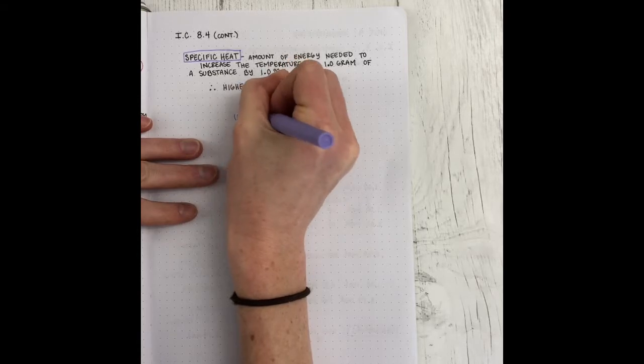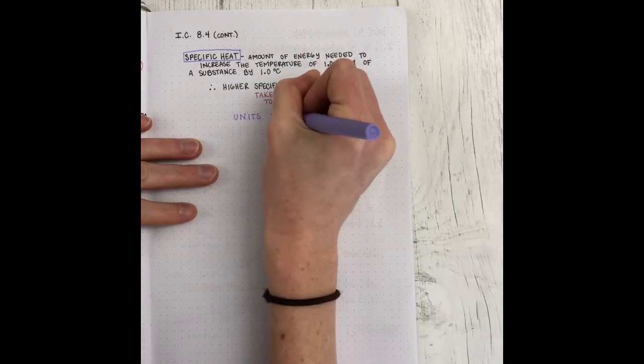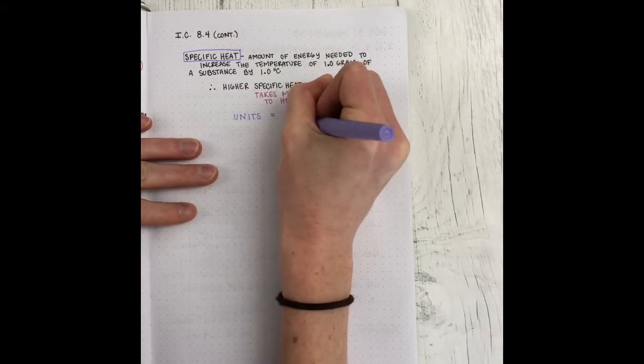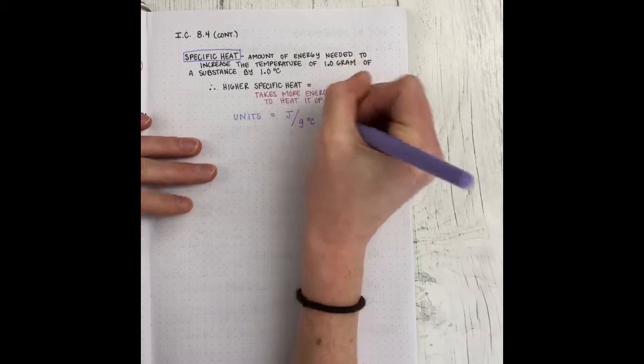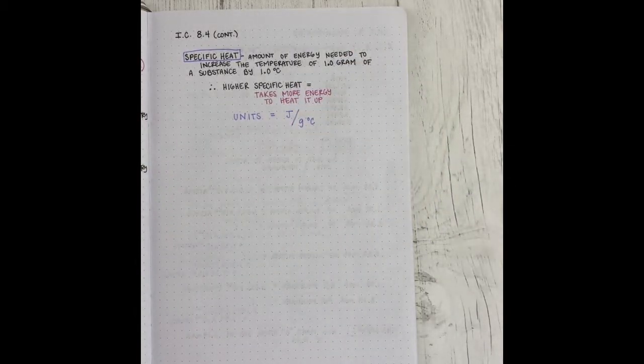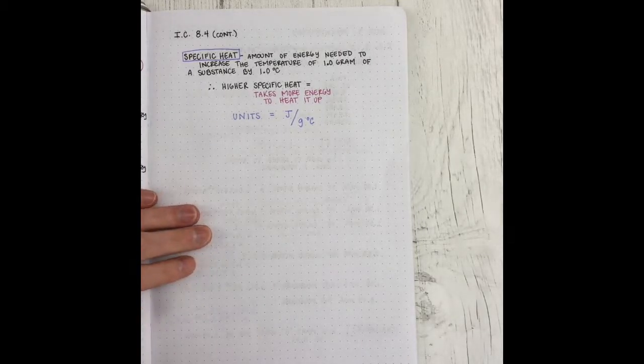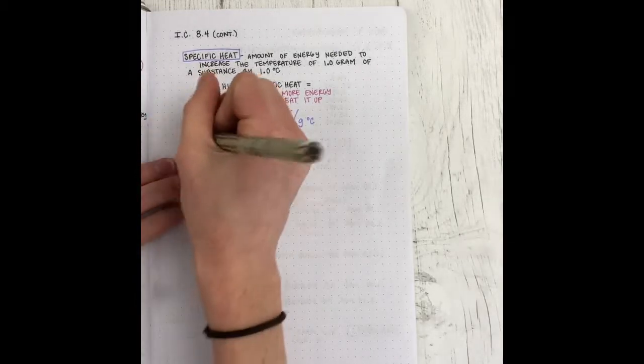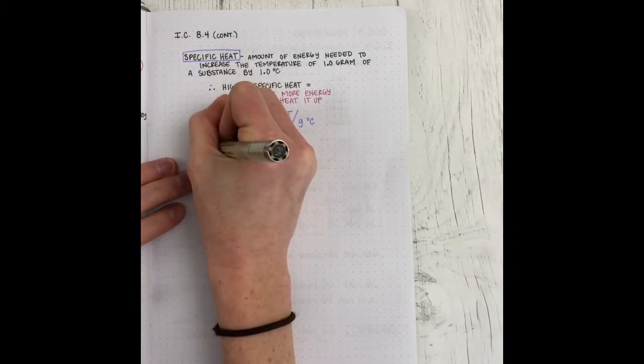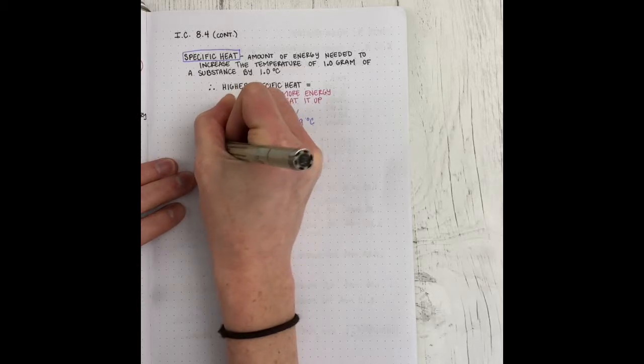The units that we use for specific heat are a little bit involved, but they'll make more sense when we look at the specific heat equation, or the calorimetry equation. But it's joules over grams times degrees Celsius. So essentially it's a combination of energy, mass, and temperature.